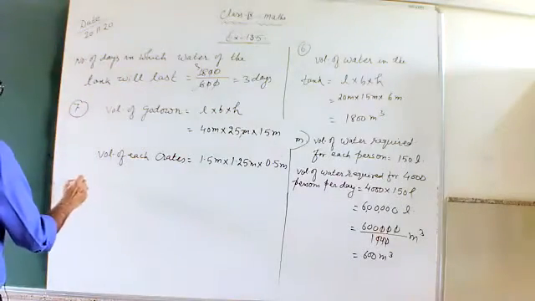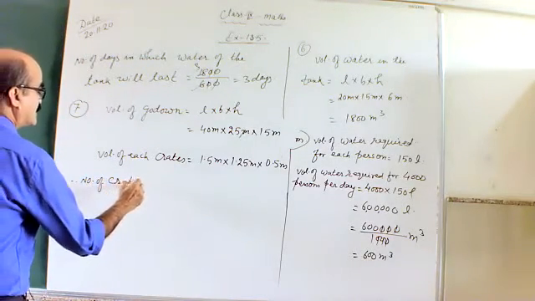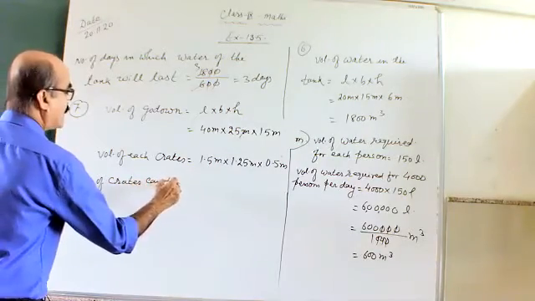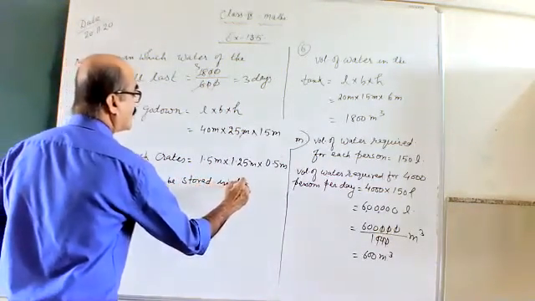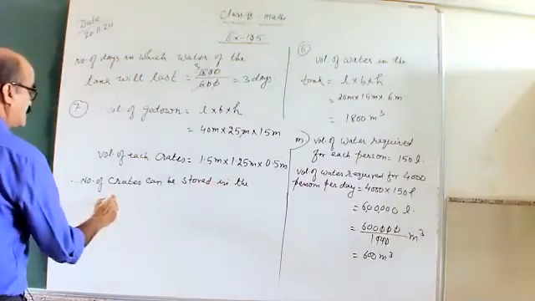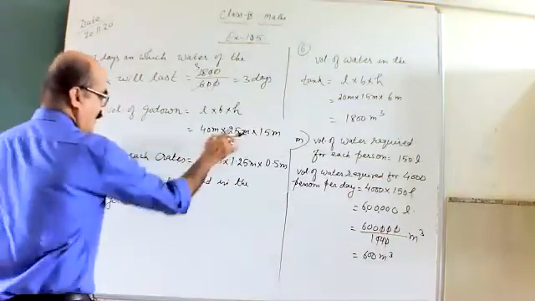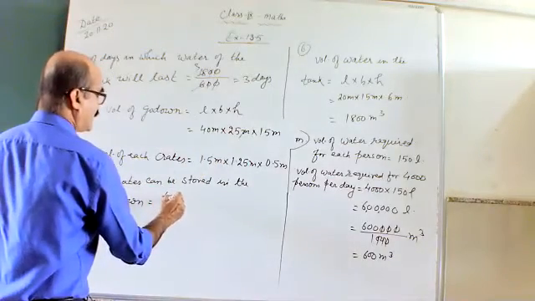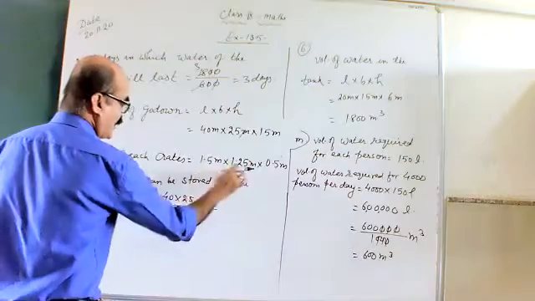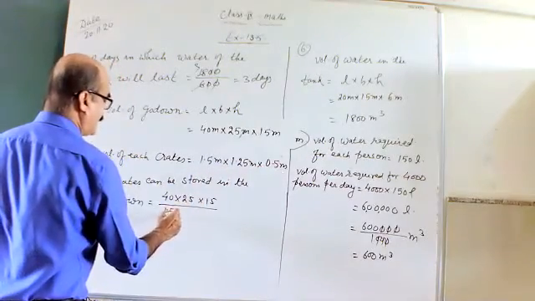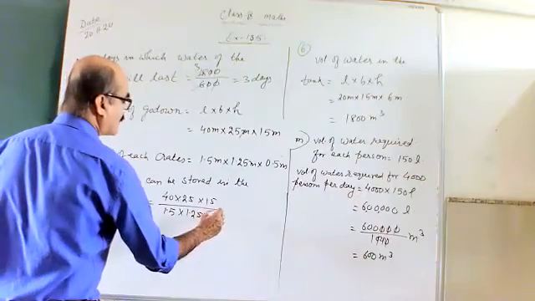Therefore, the number of crates that can be stored in the godown will be equal to the total volume, that is 40 meter into 25 meter into 15 meter, divided by the volume of each crate, that is 1.5 meter into 1.25 into 0.5.